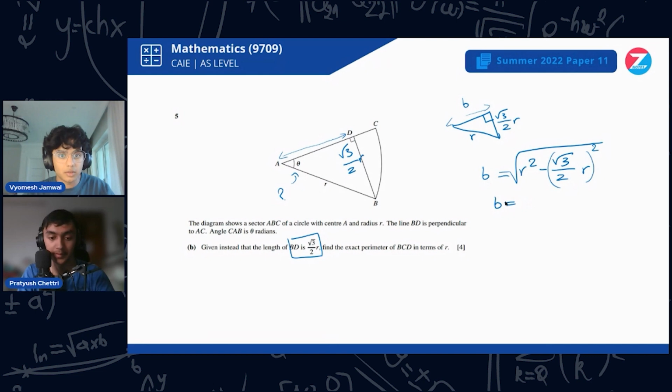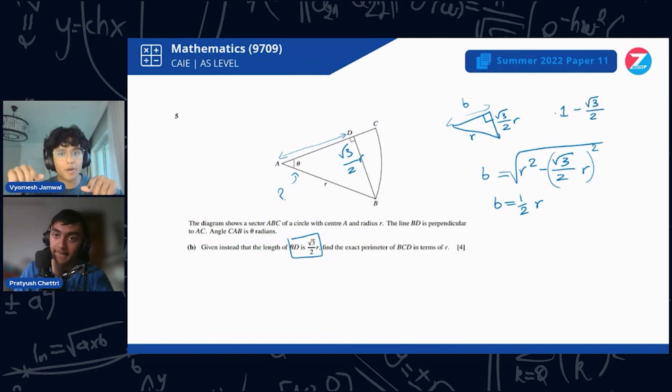So that just comes out to half r, I think. It's R square minus root 3 upon 2 R squared, which would be 3 upon 4.